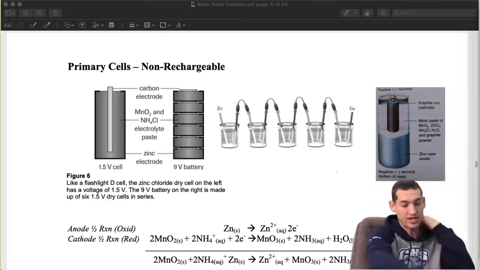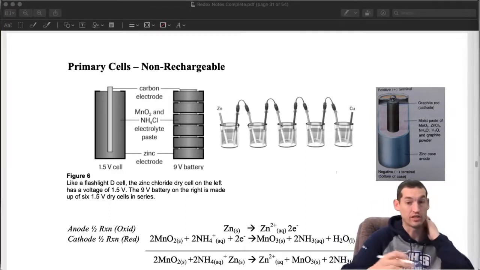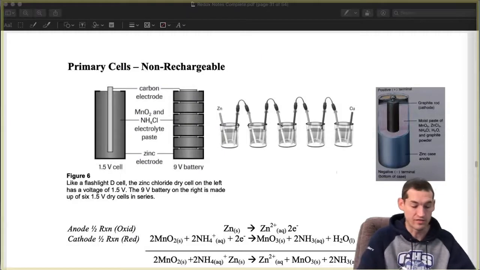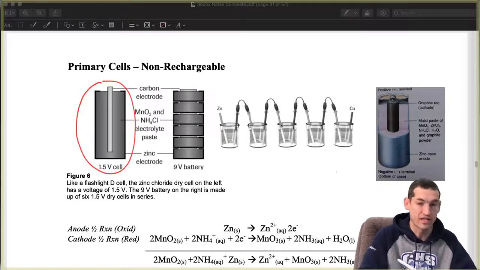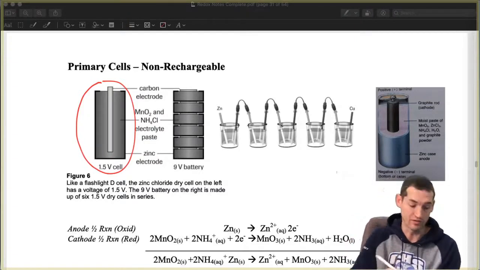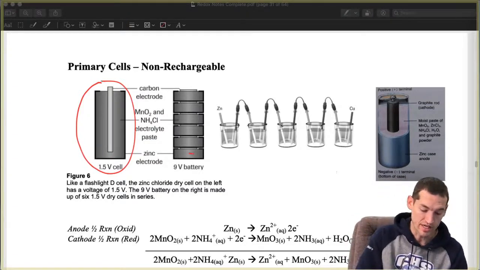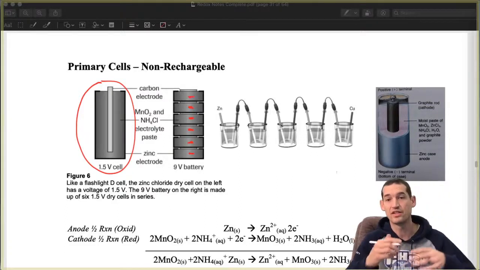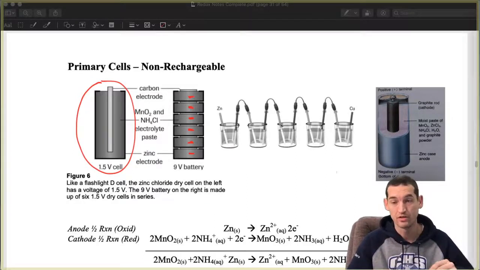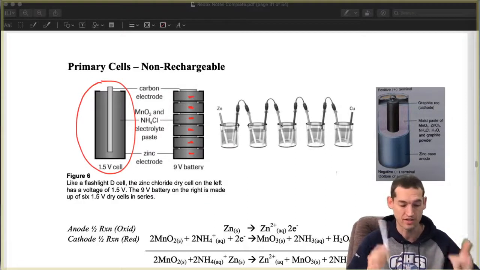And that's what this diagram on the side over here is showing, that instead of just one cell that produces 1.5 volts, inside of a 9-volt battery, you actually have 6 cells, each of them providing 1.5 volts. So 1.5 volts times 6 is 9 volts.